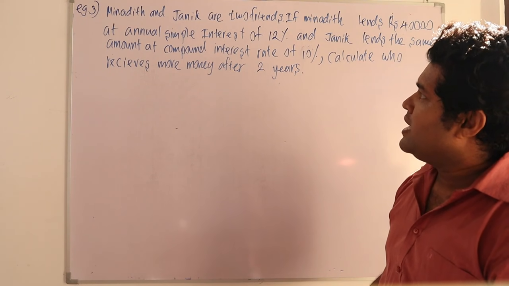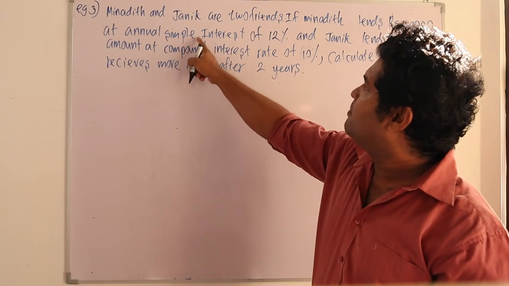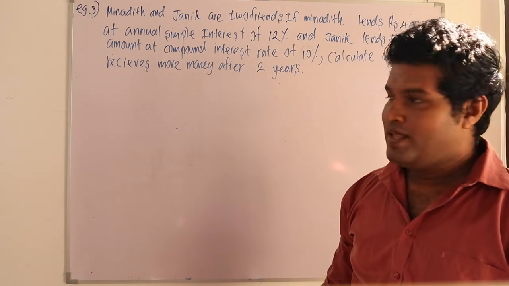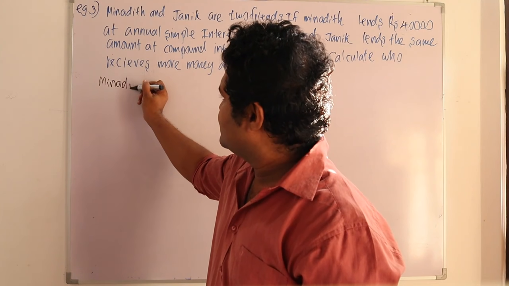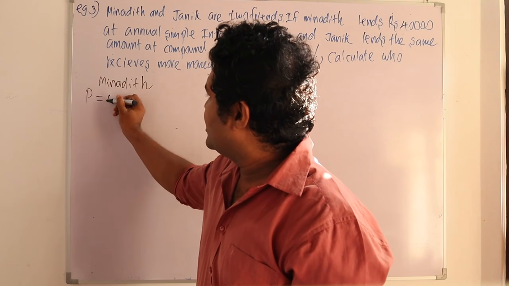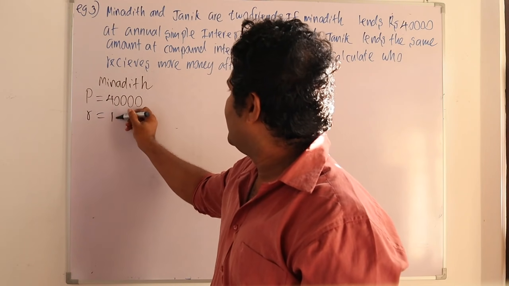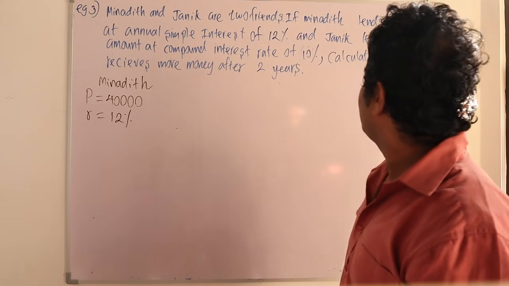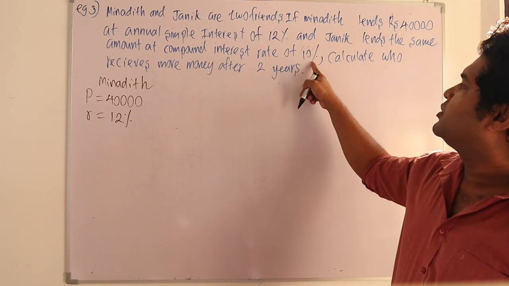Now the case of Minadit: he lends 40,000 at the annual simple interest rate of 12%. This is the Minadit case. The principal is 40,000, the rate is 12%, and Janik lends the same amount at a compound interest rate of 10%.